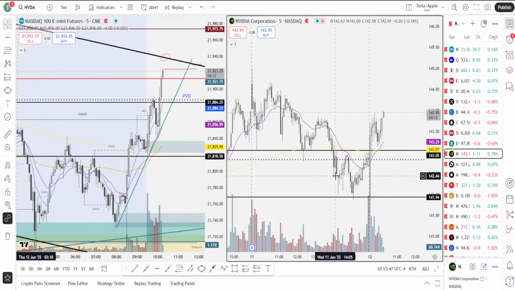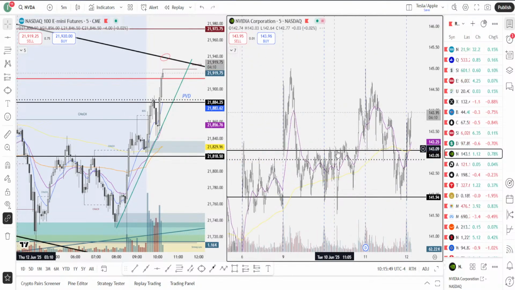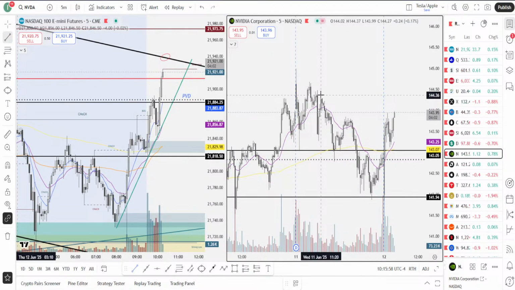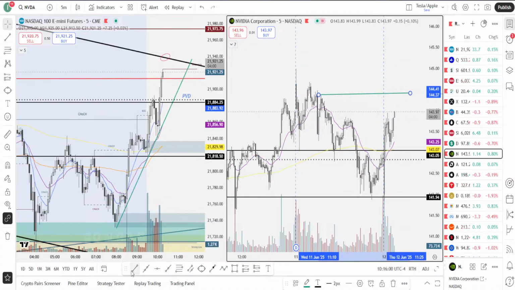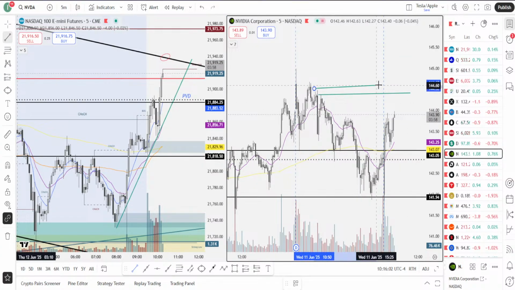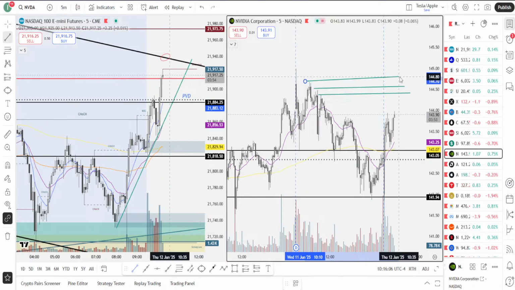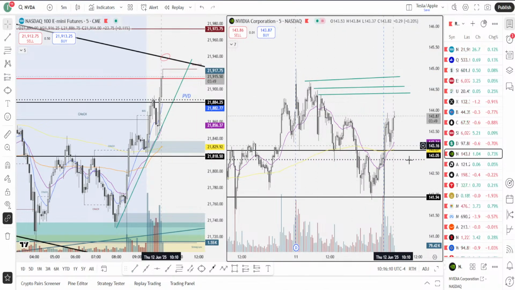Nvidia's ripping too. Probably looking to take out these previous areas, these previous highs over here. Who knows? Possibility.